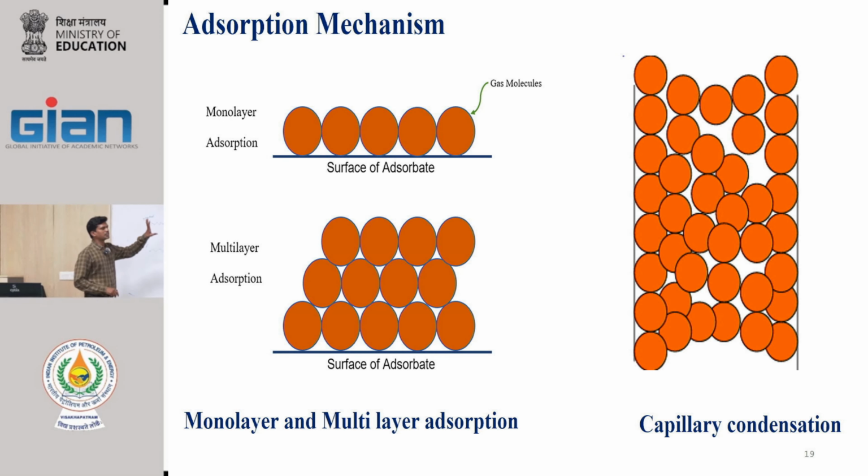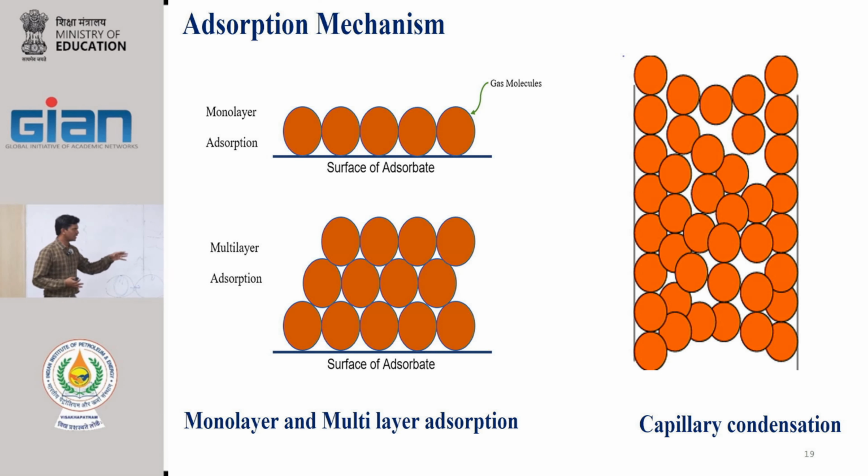Whenever we try to see an adsorption isotherm, based on it we can say what kind of adsorption happens. So we will go through how the isotherm looks when monolayer adsorption happens, when multi-layer adsorption happens, and when capillary condensation happens.